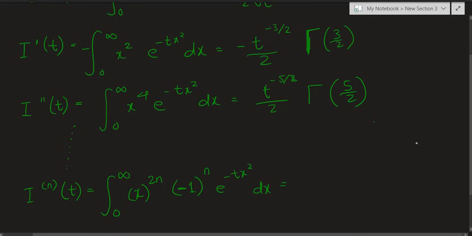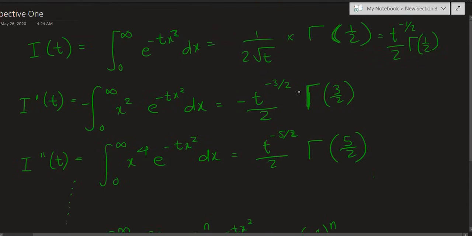But now notice we're again having this alternating sign part. So -1 to the n, this denominator 2 was remaining a constant, but now notice the power of the t. So for the zeroth derivative we started with the -1/2, and then we just kept subtracting 1, right? For the first derivative we subtracted 1, so -1/2 minus 1 is -3/2, and then for the second derivative we subtracted 2 from -1/2.